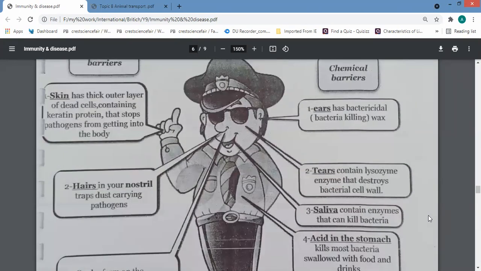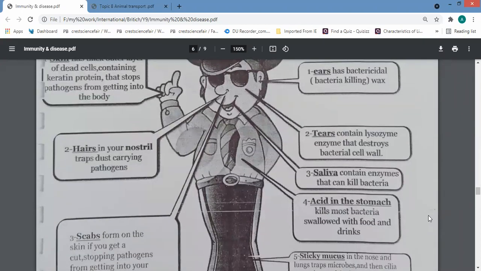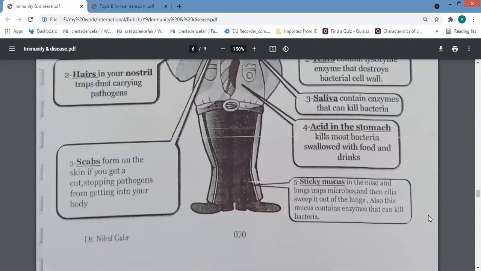The ears have wax. Eyes secrete tears. The mouth has saliva. The stomach secretes acid. The nose has mucus. All of these chemical barriers work to kill bacteria. Is it clear? Any questions? Clear.